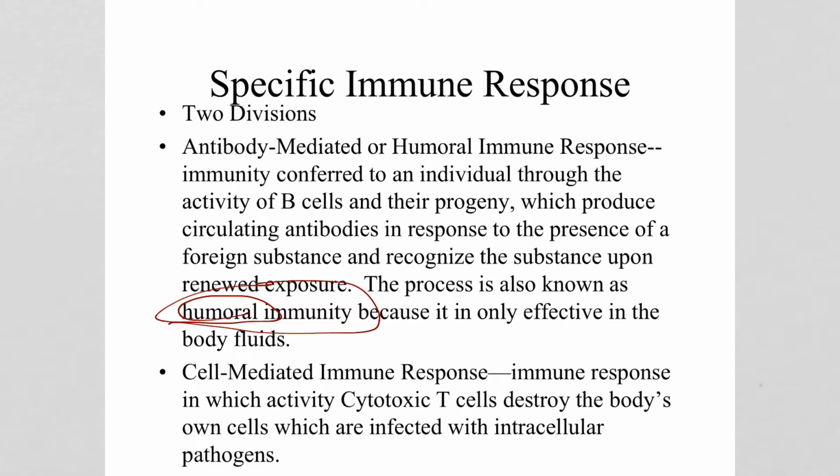And this is the immune response in which active cells called cytotoxic T cells destroy your own cells which are infected with some type of internal or intracellular pathogen, usually a virus. And this helps to keep those infected cells from spreading the germ to other cells in your body.